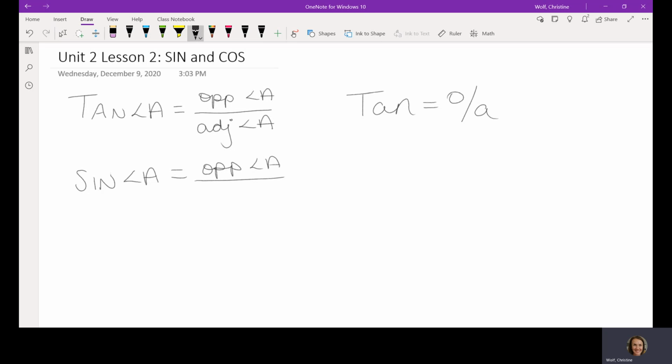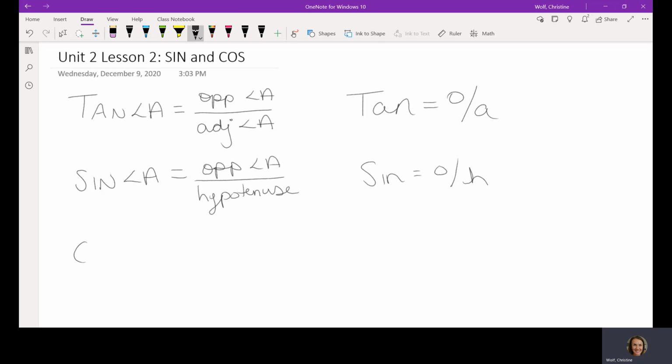But this time on the bottom, we are going to use the hypotenuse. So for tan, we never use the hypotenuse, but for sine, we do. In shorthand, sine is O over H, opposite over hypotenuse.